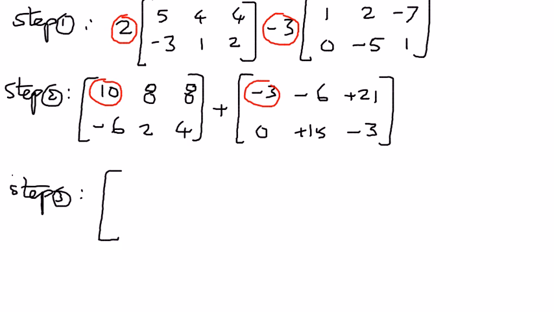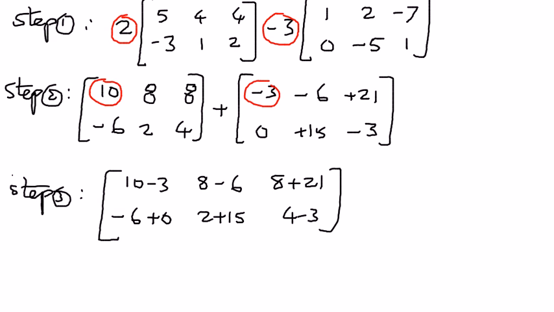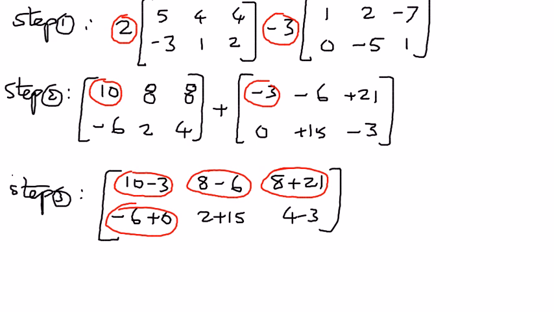So we have 10 minus 3, then 8 minus 6, and then 8 plus 21, and then negative 6 plus 0, 2 plus 15, 4 minus 3. In here, this is the first row, first column, first row, second column, first row, third column, second row, first column, second row, second column, second row, third column, right?